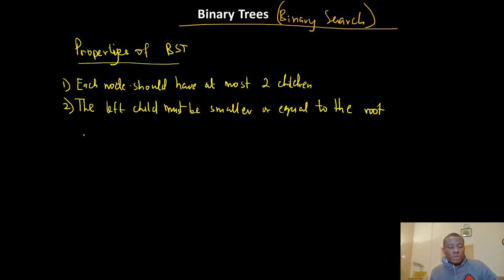So basically there are three properties, and I'm going to tell you the third one. The third one is that the right child must be greater than the root.